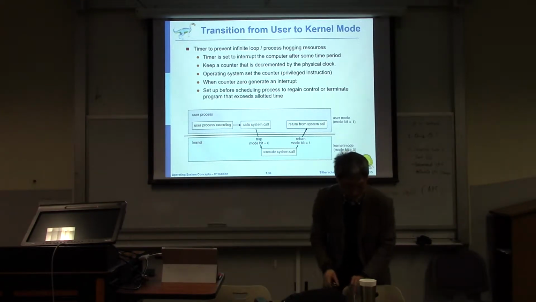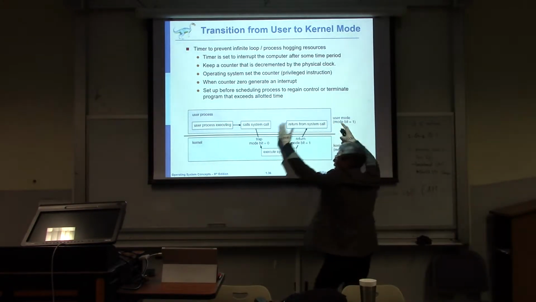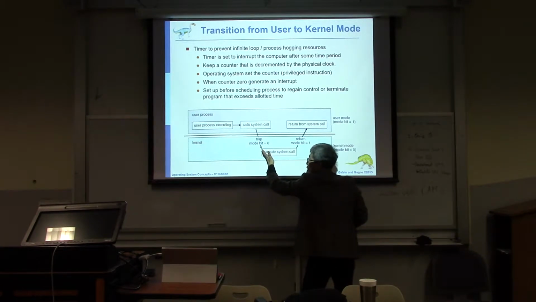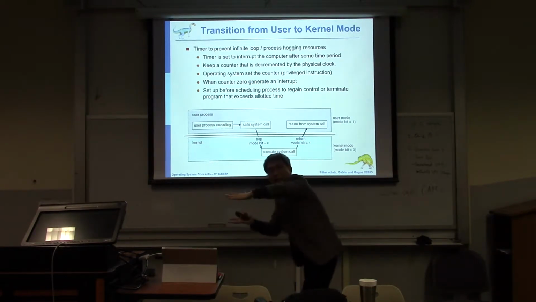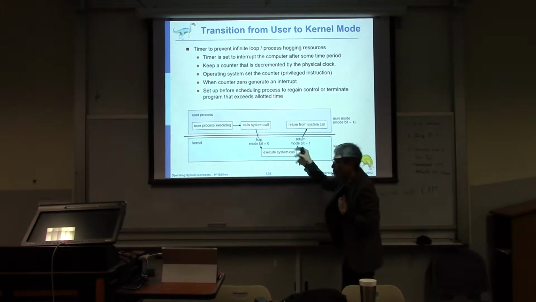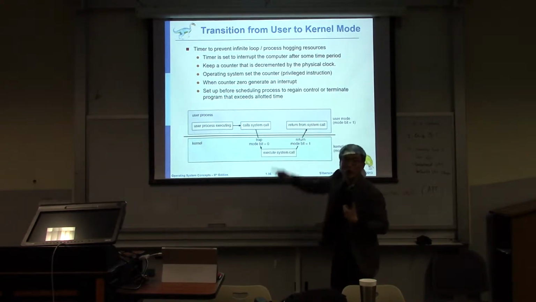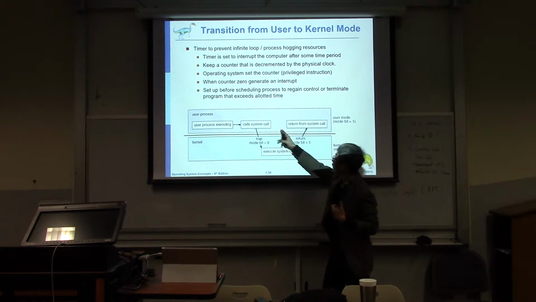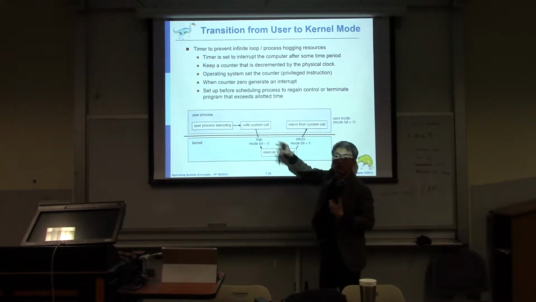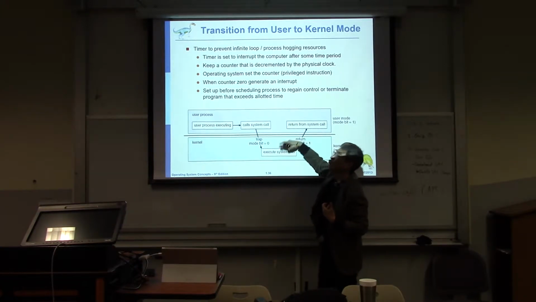It's a function. Then you call such a system call, a system function. Then your program mode will be changed to the kernel mode. Then you are not doing anything. Instead, the kernel is in charge of reading the data. Once it reads the data, it returns the data to the user application. During that time, your application is not doing anything, just waiting. So this is the dual mode operation.